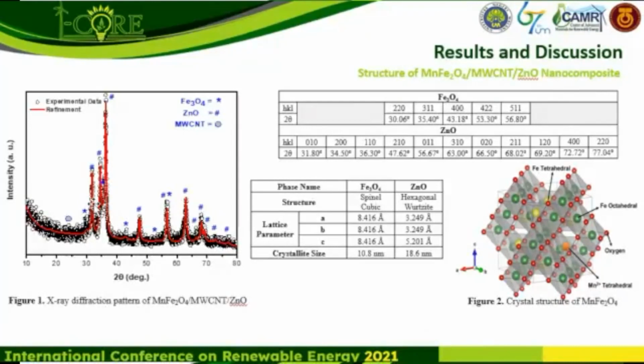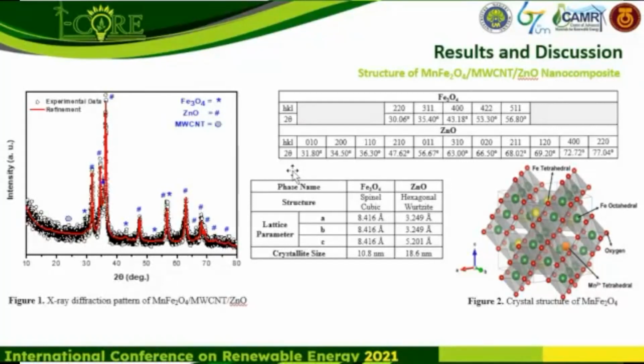From the X-ray diffraction characterization, we confirm the presence of the magnetite and zinc oxide phase. Besides, there is also a broad peak that represents the existence of multi-walled carbon nanotubes. From the picture, we can see that zinc oxide was the majority one. For detailed information, you can see the table.